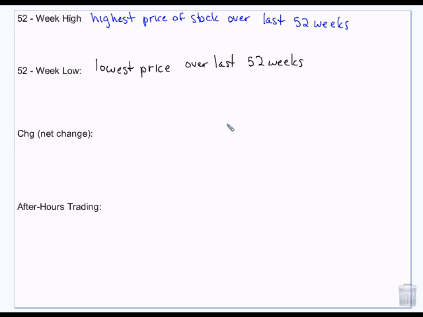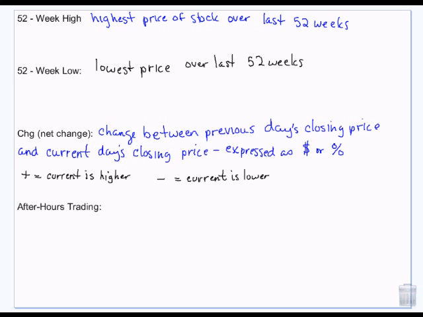We have what's called a change or net change, and it'll say CHG, or net change. We look at yesterday's closing price, and when the stock market closes today, we look at today's closing price, and there's a comparison being made between yesterday and today.